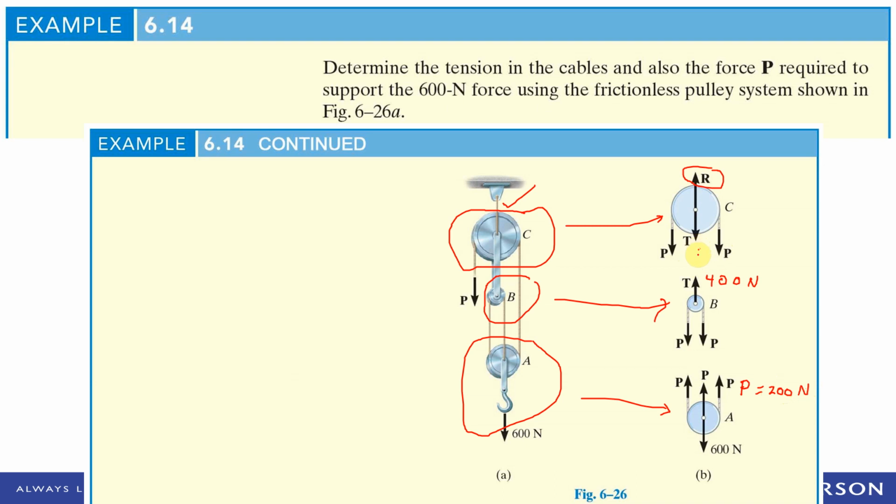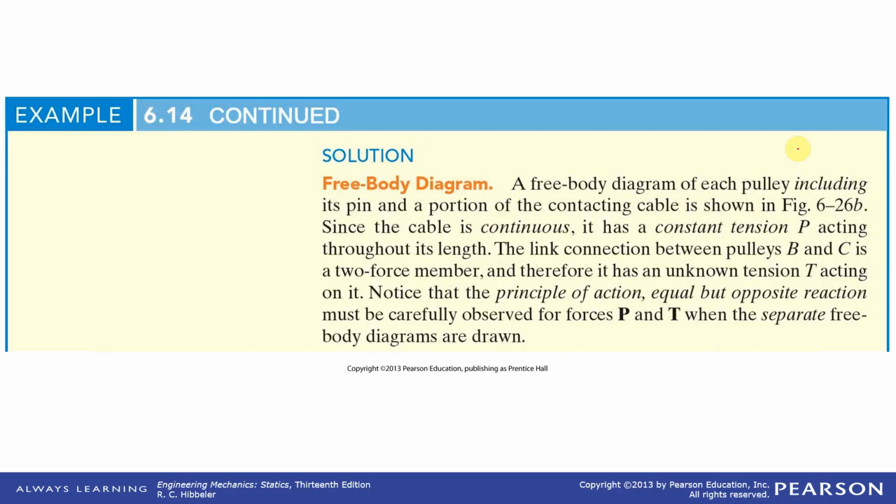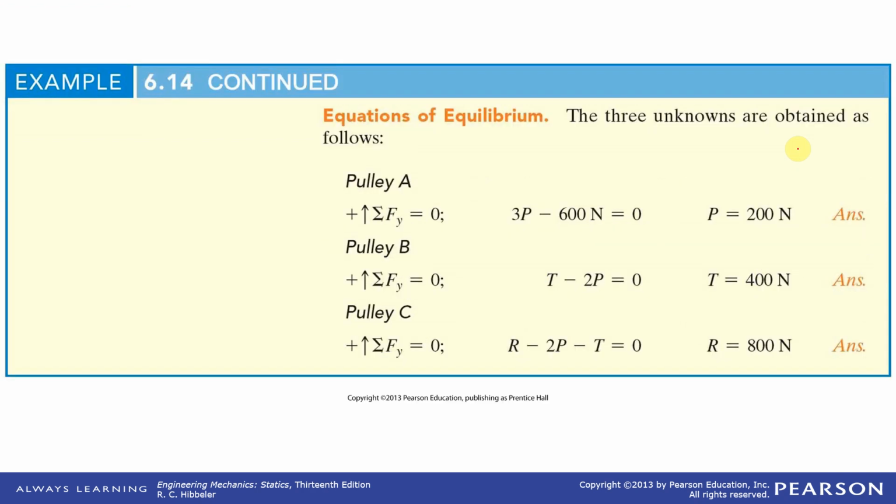And here we have 400 and two 200s. That's 800. So R has to equal 800 newtons. Okay. So the book talks about all the different things. P is 200, T is 400, R is 800, just like we came up with.